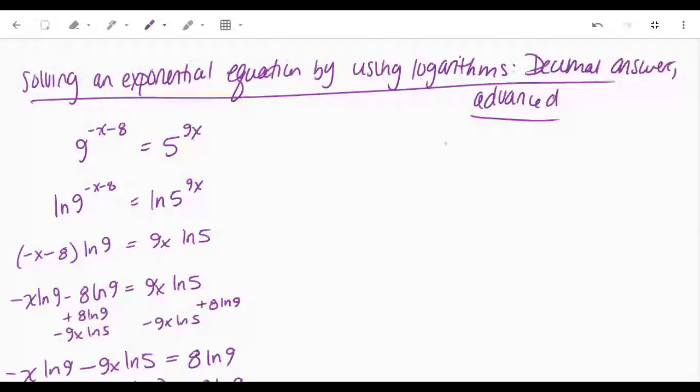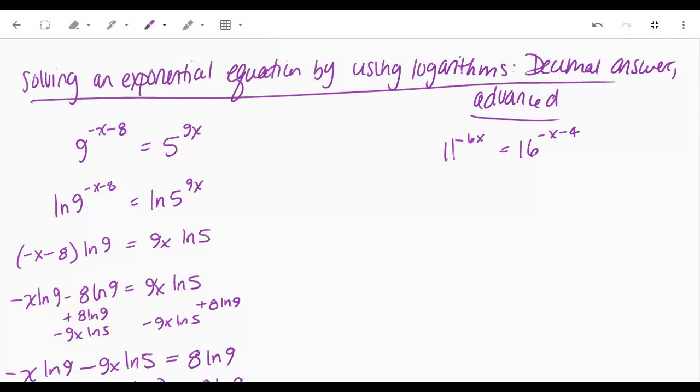Okay, we can do another one of those. They give you 11 to the negative 6x equals 16 to the negative x minus 4. Again, the variable is in the exponent, which means you're going to have to use logs. In the previous example, I did natural log. Here, I'll just do regular log.